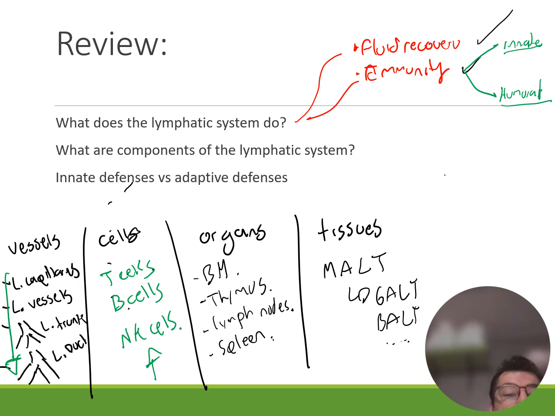There is a congregation of lymphocytes that are protecting that tissue. So think of areas such as your intestines, such as your tonsils. We have cells that are ready to attack pathogens. The general term for them is MALT, mucosal associated lymphatic tissues.